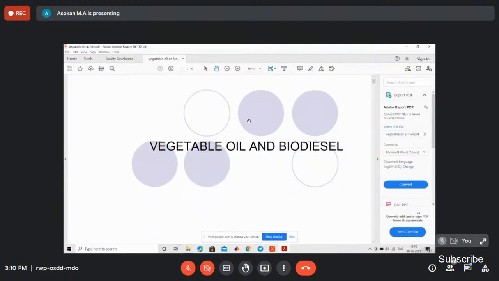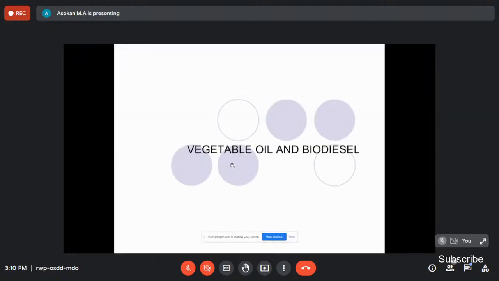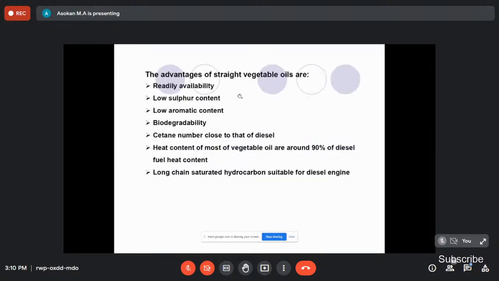Okay. See, this vegetable oil we can use directly as a fuel in a diesel engine. But it is only for short-term purposes, not long term, because there are many reasons, mainly the viscosity. The advantage of straight vegetable oil is that it is readily available.